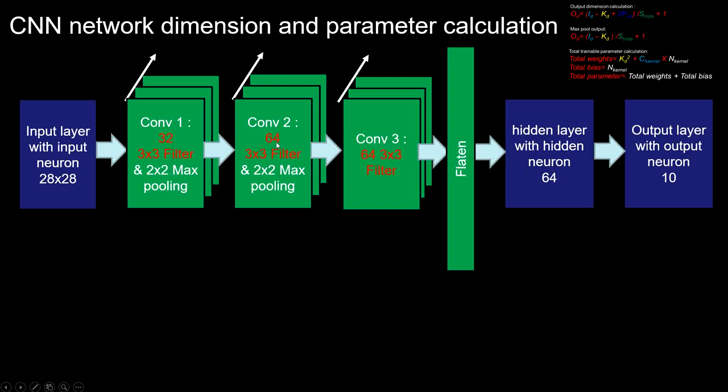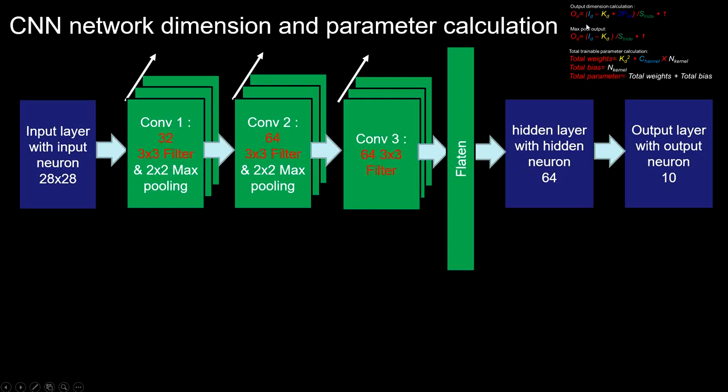The second convolutional layer has 64 filters with 3 by 3 dimension. After the first and second convolutional layers you have max pooling. Then the third convolutional layer, the final one, has 64 filters with 3 by 3 dimension, then flatten, and then we have one hidden layer and one output layer.